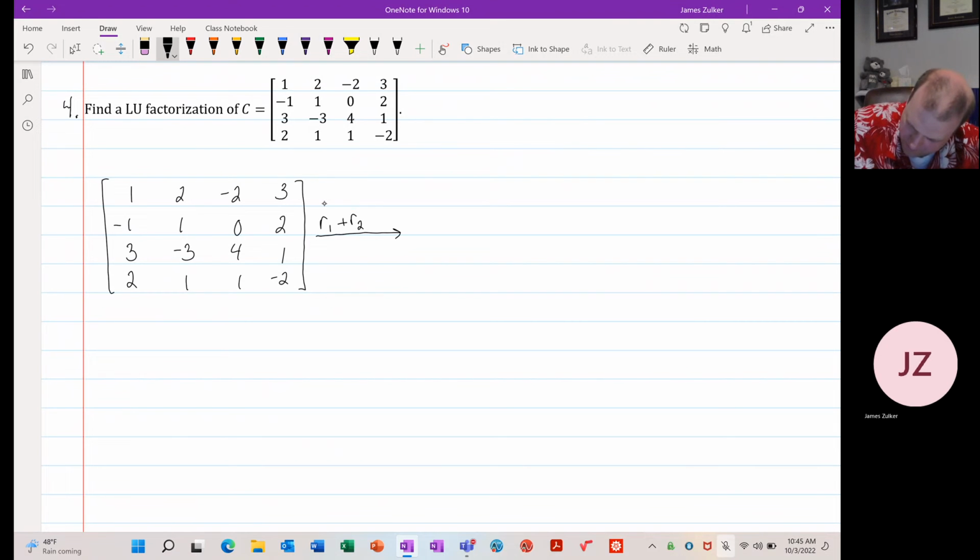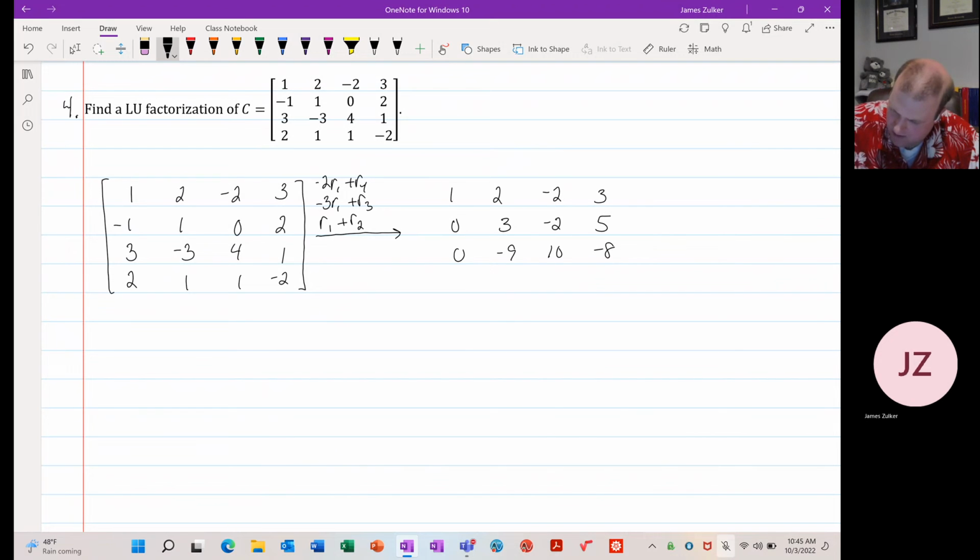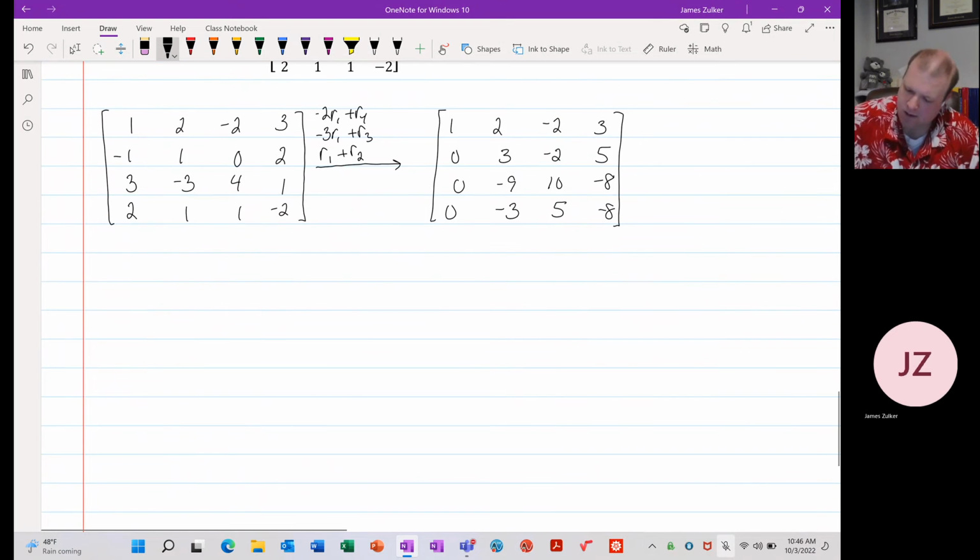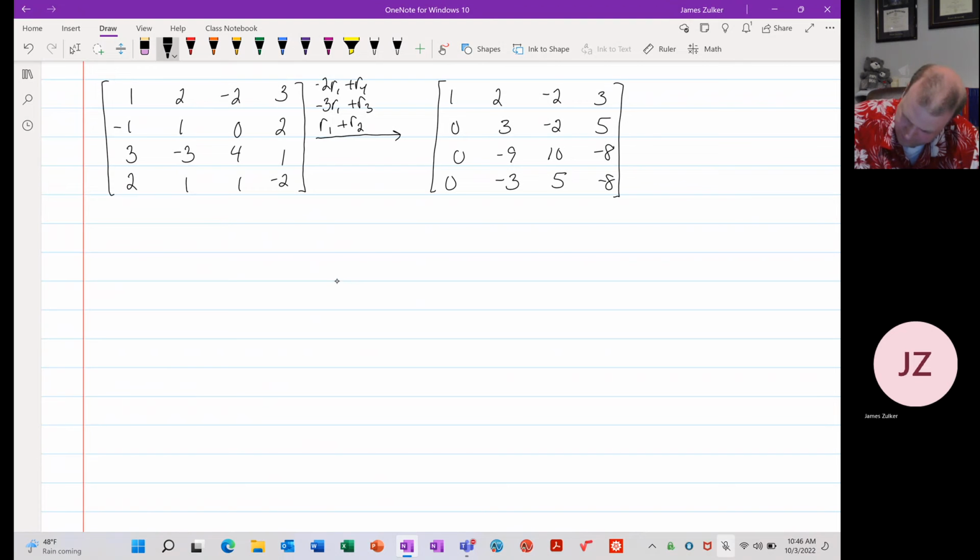Row 1 plus row 2, negative 3 row 1 plus row 3, negative 2 row 1 plus row 4. Then negative 3 row 2 plus row 3, and then row 2 plus row 4. Right?